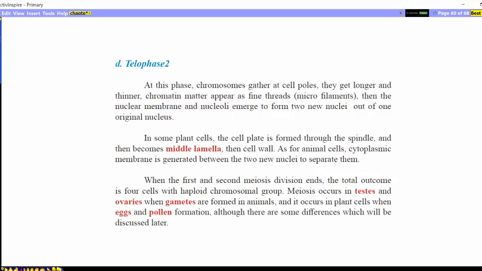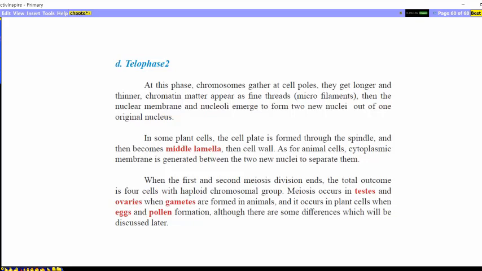Telophase 2. At this phase, chromosomes gather at the poles. They get longer and thinner. Chromatin appears as fine threads, then the nuclear membrane and nucleoli emerge. In telophase 1, we said the nuclear membrane and nucleoli start to appear, start to form, but do not complete before the next division starts.